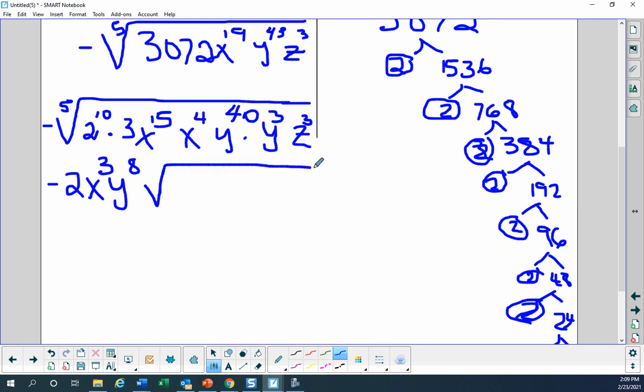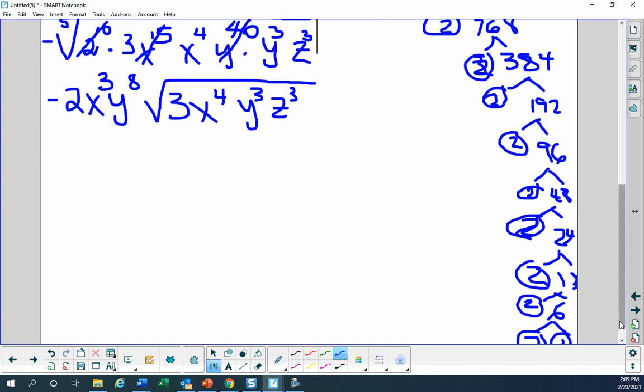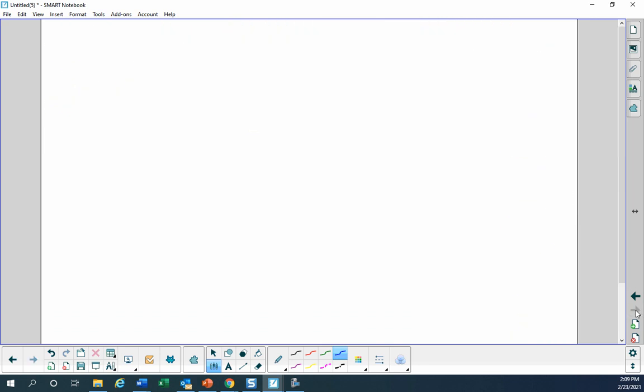So everything else stays. Since I took this out, I took this out, and I took this out, what is left? 3 is left. X to the power of 4 is left. Y cubed is left. And then Z cubed is left. Okay? That's it. That would be your answer.